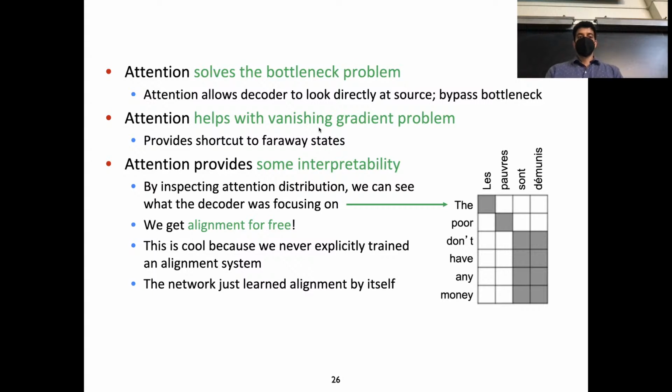All right, so here we can see how attention solves this bottleneck problem, because now we can just have these shortcut connections to various previous time steps, not just the most recent ones, which our most recent time step is kind of biased towards. Similarly, it helps with the vanishing gradient problem, right? Because now I get this other path to these far away time steps, not just the one associated with the last hidden state.